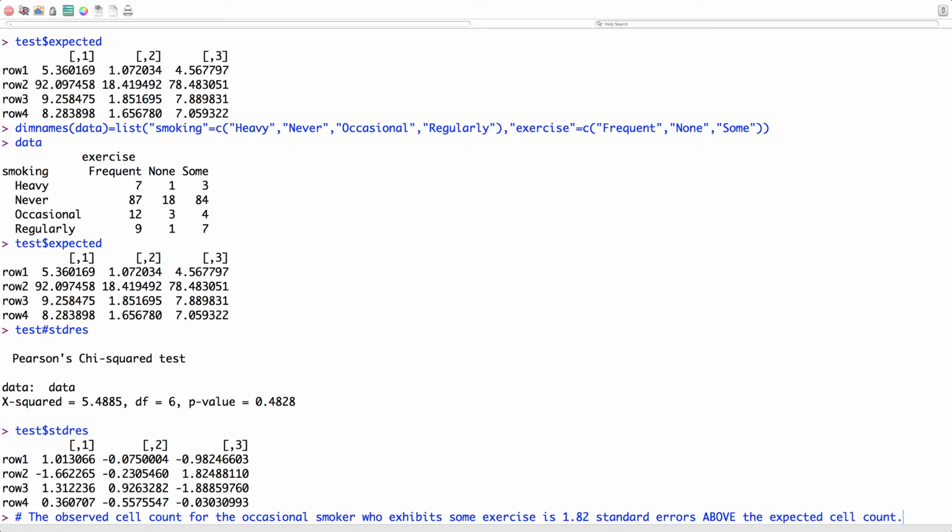So the cell count that provides the most contributing factor would be this one. And actually the observed cell count is less than we would have expected it to be. So those who are occasional smokers and exhibit some exercise is 1.89 standard errors lower than we would have expected it to be. All right gang, so what should we do?